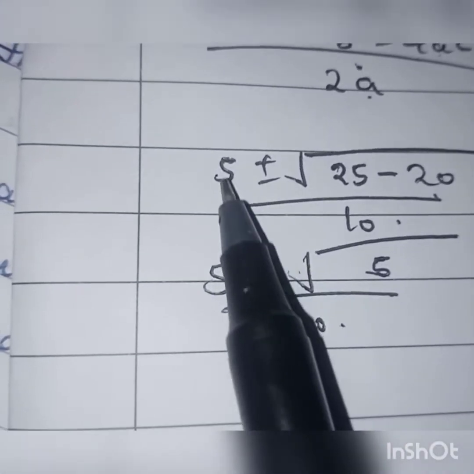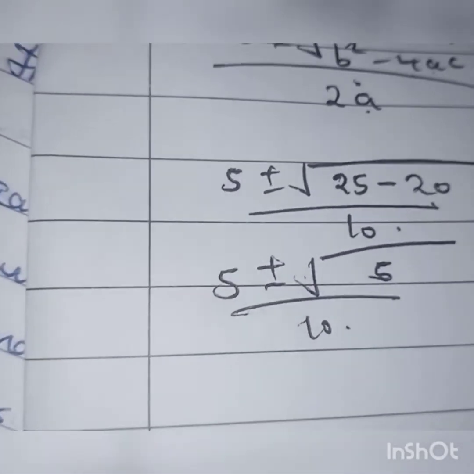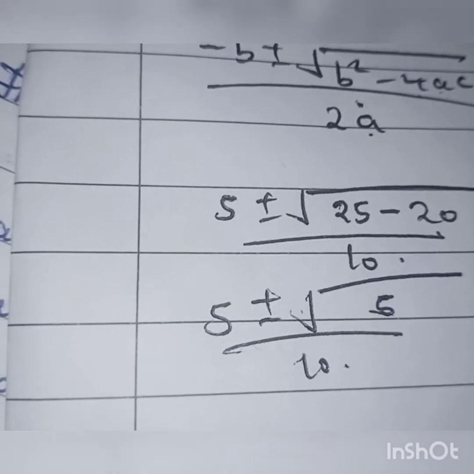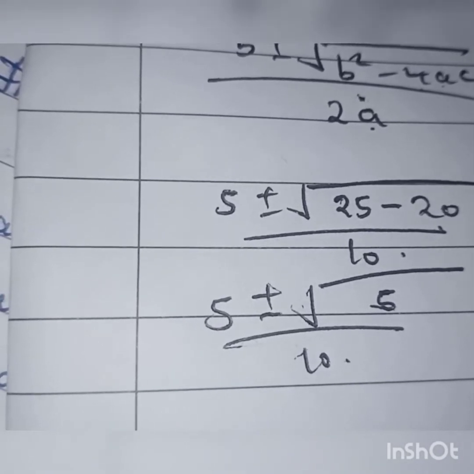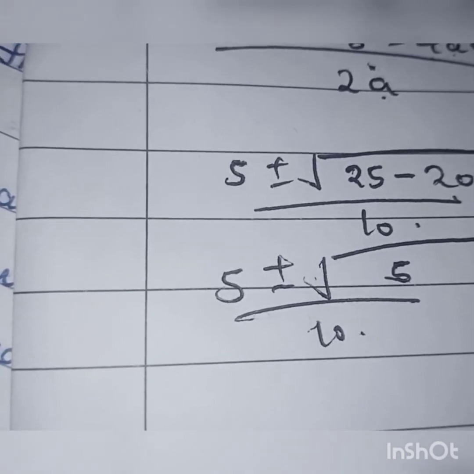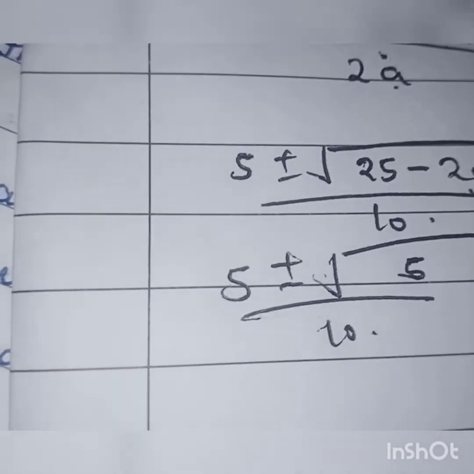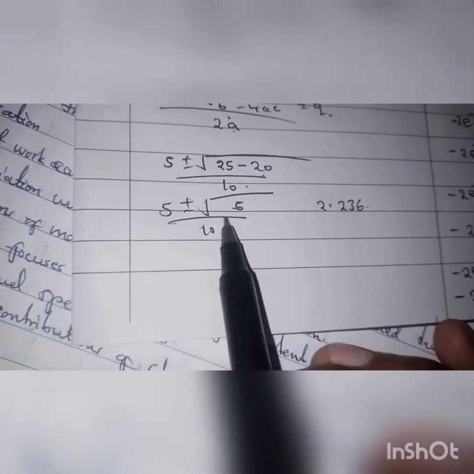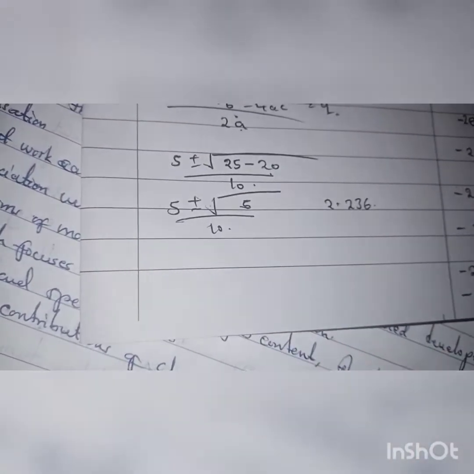So this is our result, but the square root of 5 is almost 2 point something. Using our calculator to evaluate that, the square root of 5 is 2.236.